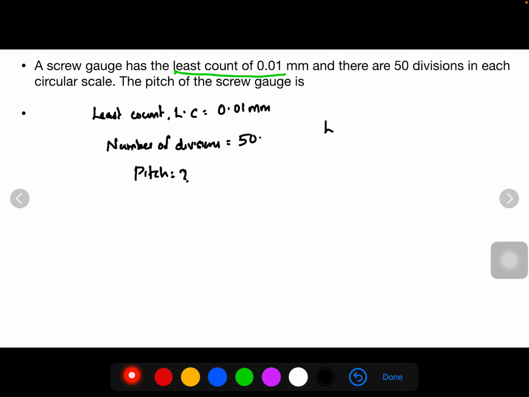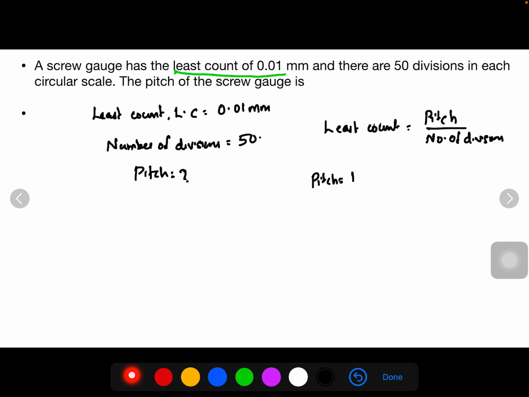There is a formula to find least count from pitch and number of divisions. Least count is nothing but the pitch of the screw gauge divided by the number of divisions. So from this equation we can find the pitch.